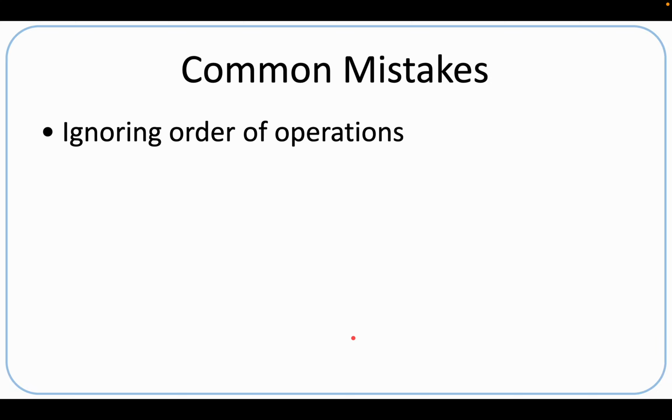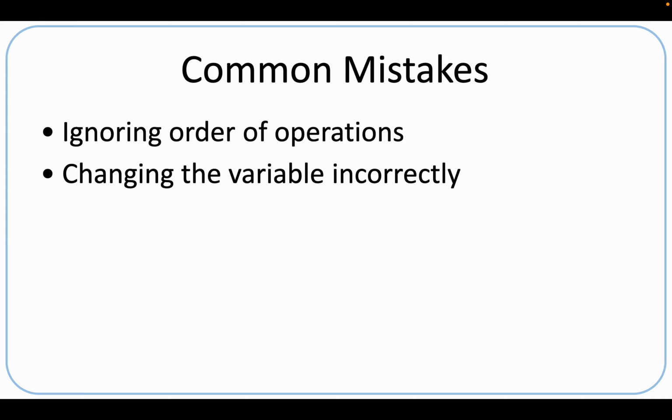So some common mistakes when we're evaluating expressions is ignoring the order of operations. We just went over order of operations in the last lesson. So remember, keep those orders: multiplication first from left to right, and addition and subtraction from left to right. And then changing the variable incorrectly. So understand the notation.